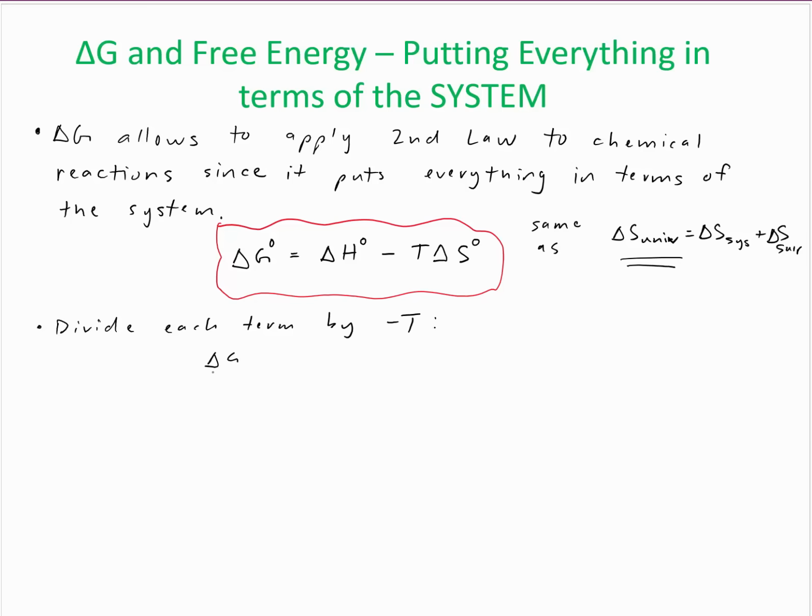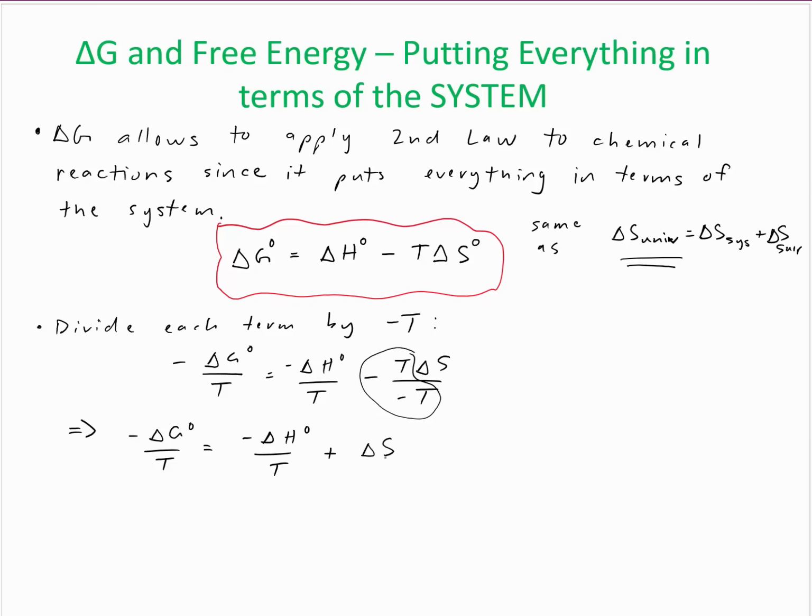We get negative delta G over T equals delta H minus T delta S, divided by negative T. So let's rewrite this a little by cleaning up that term. We get negative delta G over T equals negative delta H over T plus delta S. Okay, like that.